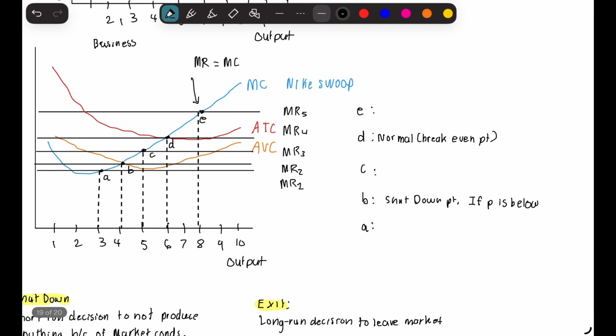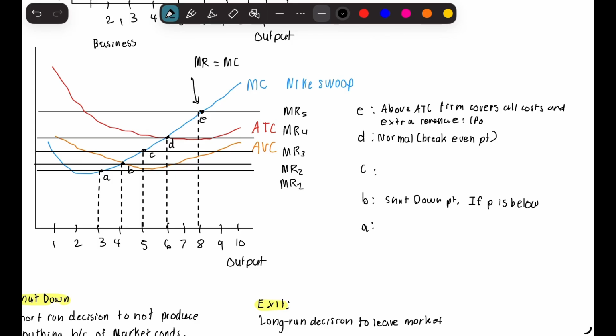So at point E, this is above the ATC. This means that the firm is currently covering all costs and has extra revenue.